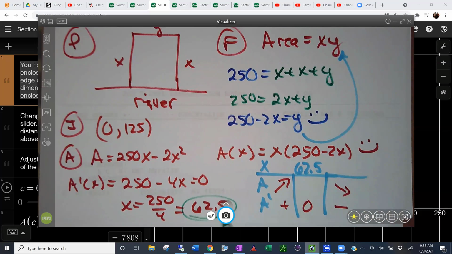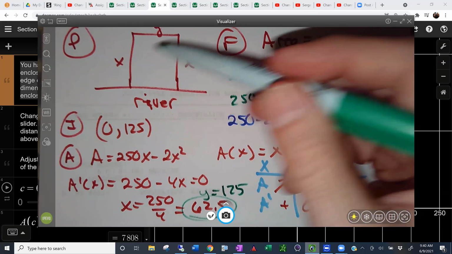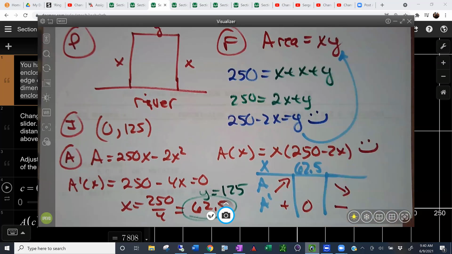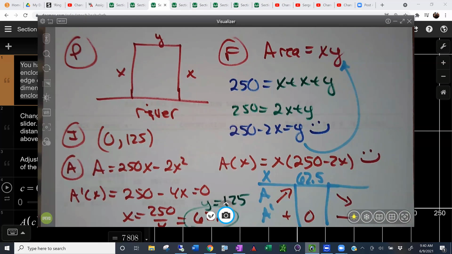So your X direction is this, and your Y direction is going to be 125. So that's going to be the actual dimensions of your plot. 62.5 feet this way, 125 that way. Yeah, thanks for asking.